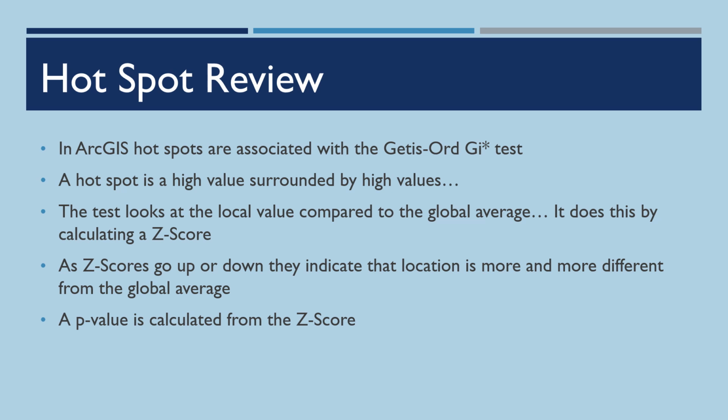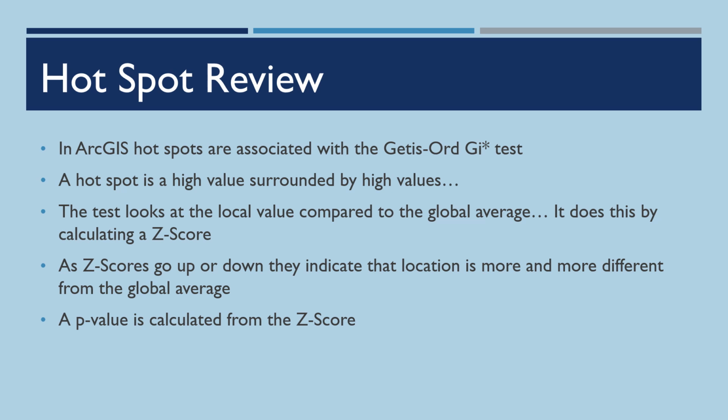It basically looks at a neighborhood or an area and says, okay, what is our average value here? And it does a neighborhood for each point. So say you've got two points that are relatively close together, you might have almost completely the same neighborhood. Either way, it's going to look at those surrounding values and calculate the mean, standard deviation, etc. It also does the same thing for the entire data set.